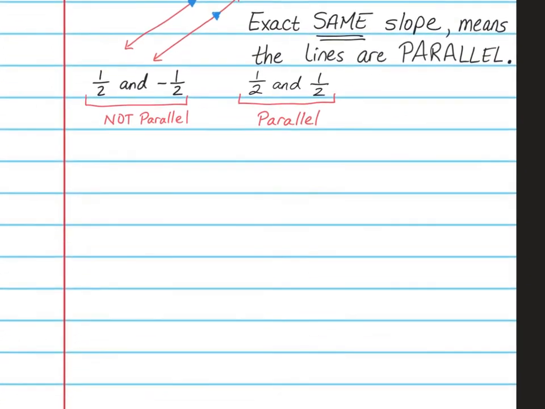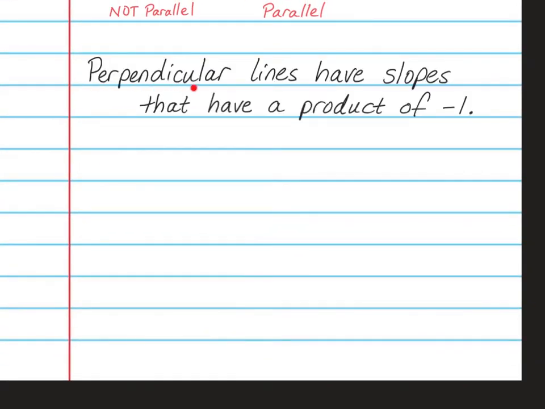Okay, let's now talk about perpendicular lines. When you take the slopes of perpendicular lines and multiply them together, that's what product means, they multiply to -1. For example, let's say I had one line with a slope of 3/4 and another line with a slope of -4/3.